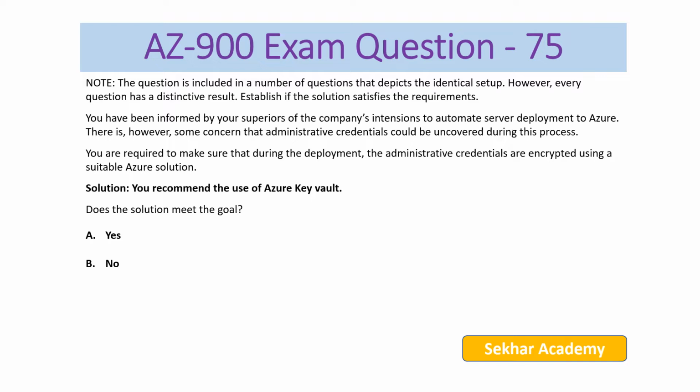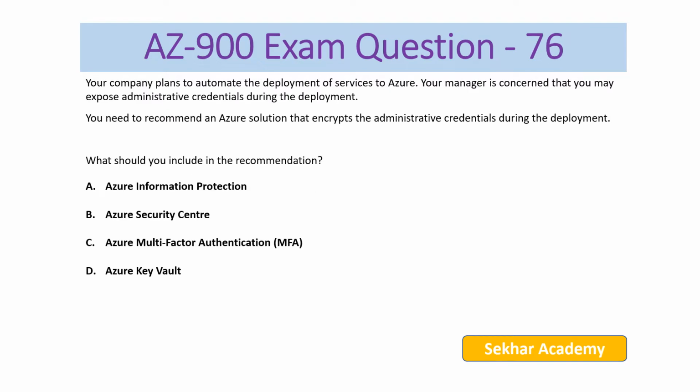Does the solution meet the goal? The right answer is yes, right? The Azure Key Vault cloud service is used to store the credentials, and it stores them as encrypted data. So the option is yes.